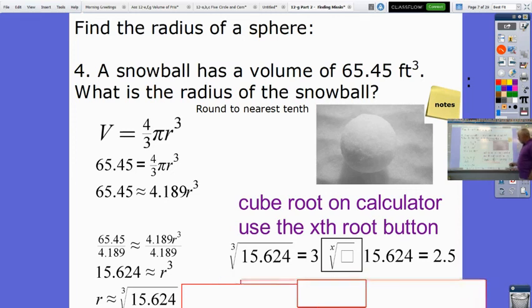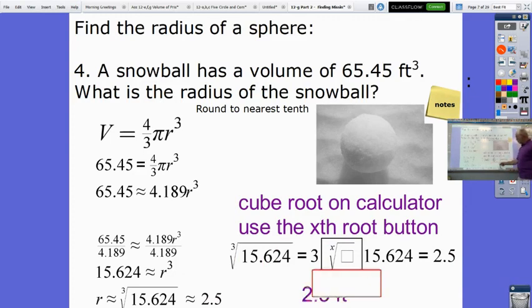And with different calculators, I can't tell you how to do it on your calculator. You have to check it. So the cube root of 15.624 is about 2.5. 2.5 times 2.5 times 2.5 equals about 15.624. Which means that 2.5 is the radius of this snowball.